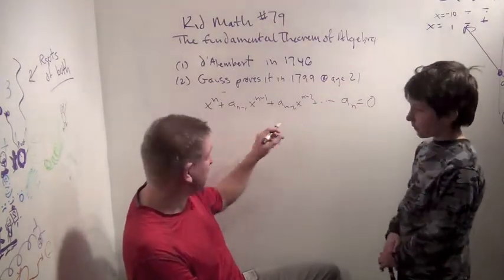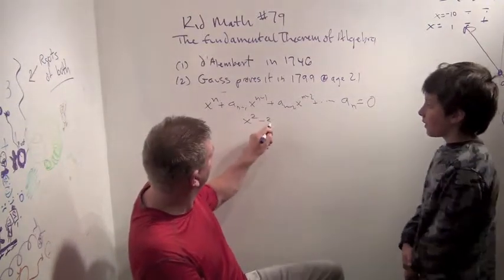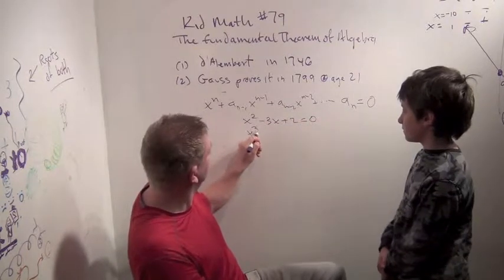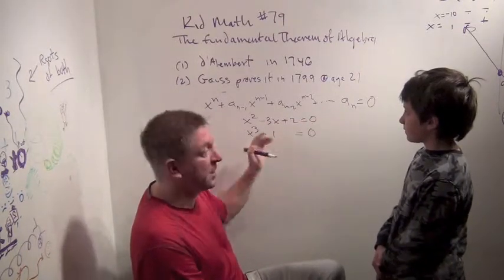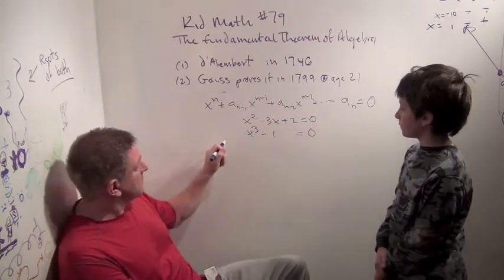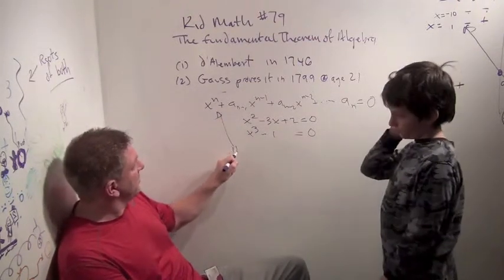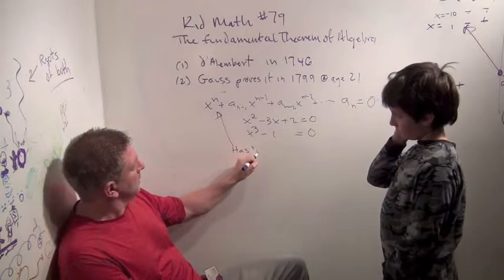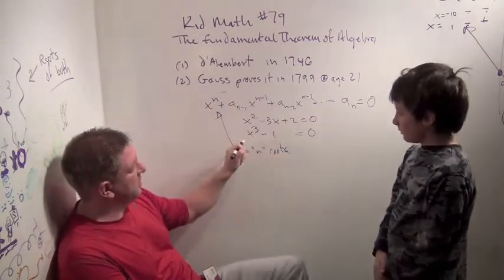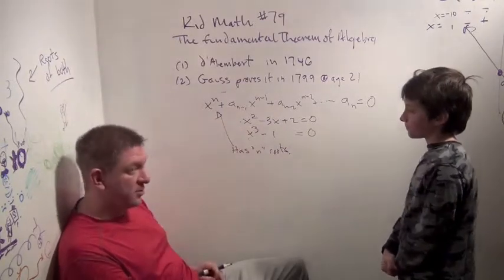And we've looked at equations like this, like x squared minus 3x plus 2 equals 0, or x cubed minus 1 equals 0. These are just examples. Okay? This equation has n roots. So this equation has 3 roots, this equation has 2 roots.